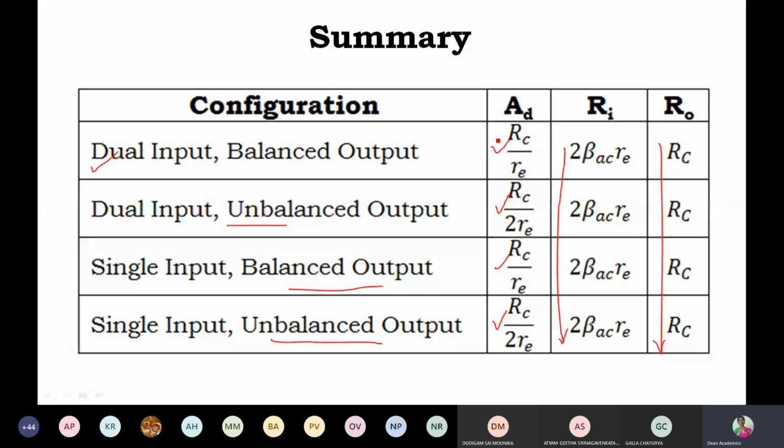After writing KVL, write 2 equations and express them in terms of matrices, and then you use Cramer's rule and you get expressions for IE1, IE2 and then V0, and after that differential gain, and after that input resistance, output resistance.